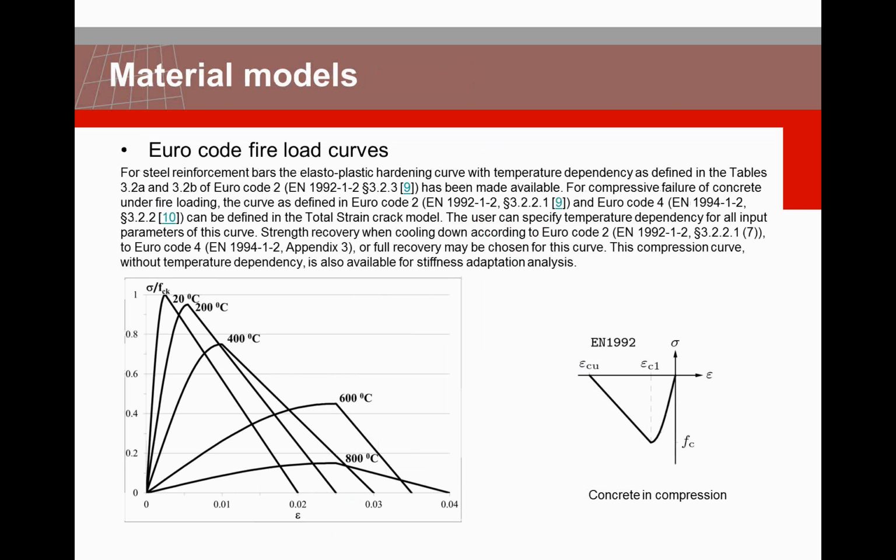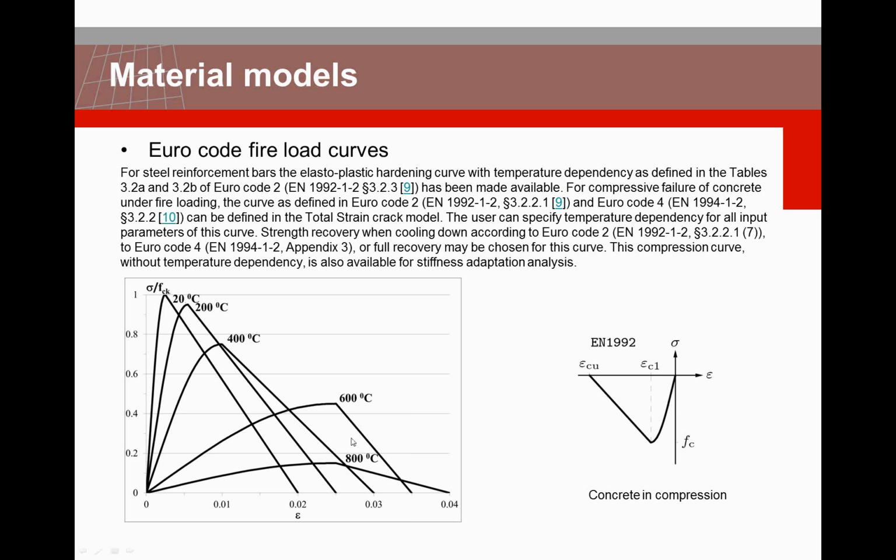Eurocode gives some guidelines now for fire safety behavior for different types of material. For example, Eurocode 2 gives a specific characteristic for concrete under compression and the dependency of this same curve under compression of concrete for different temperatures.